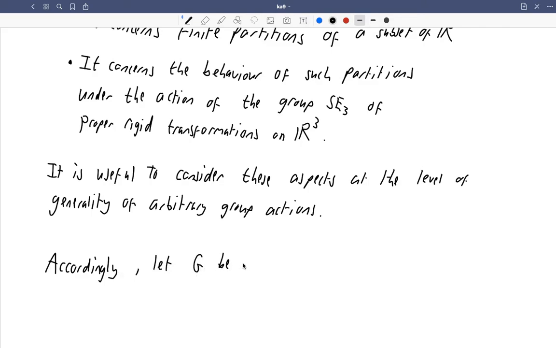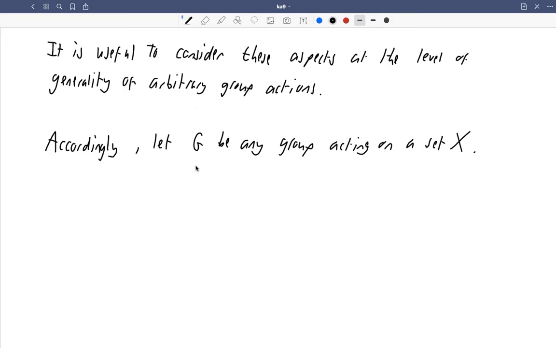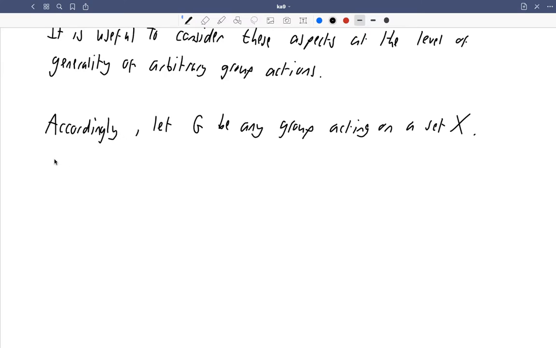Let G be any group acting on a set X. And just to remind you, this means that for any element little g of the group, we have a function from X to itself, which one can understand as translating the elements of X according to the element of the group that we're given. So, a group action.